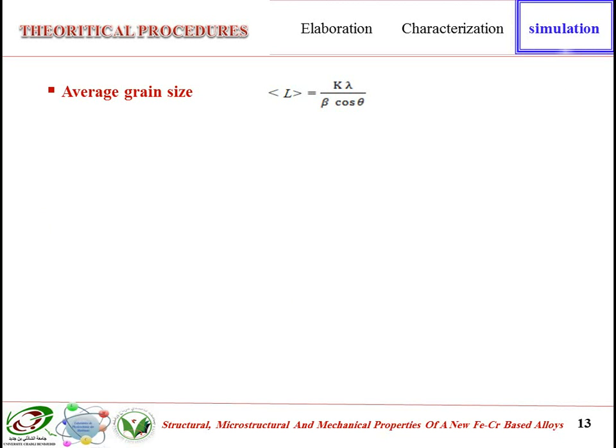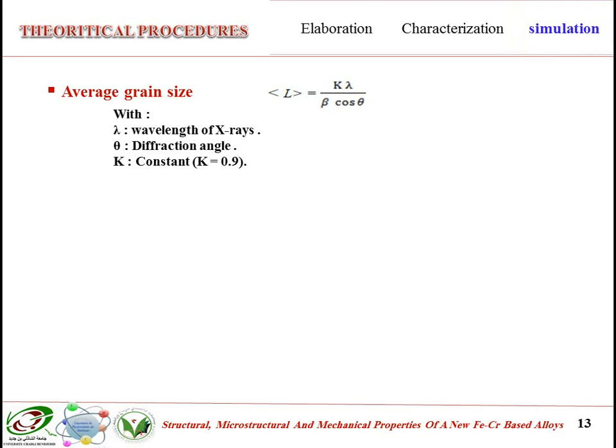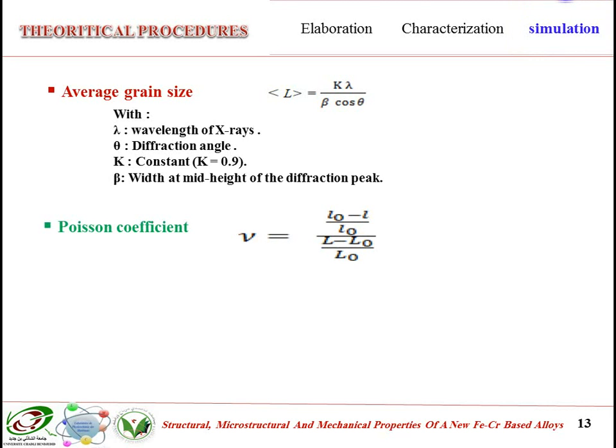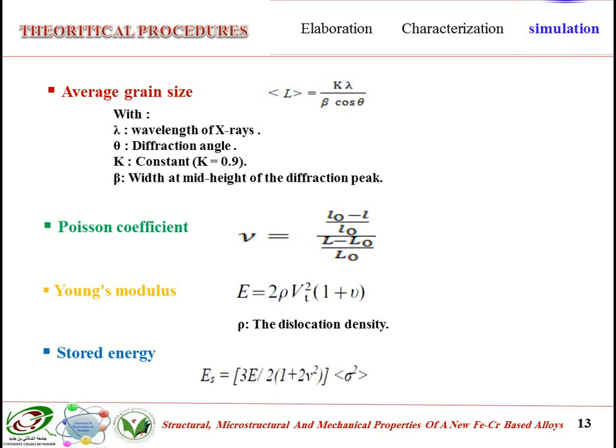Whereas the average grain size, with lambda the wavelength of X-ray, theta the diffraction angle, K a constant, beta the width at mid height of the diffraction peak. Poisson coefficient by relation, Young's modulus, and stored energy.